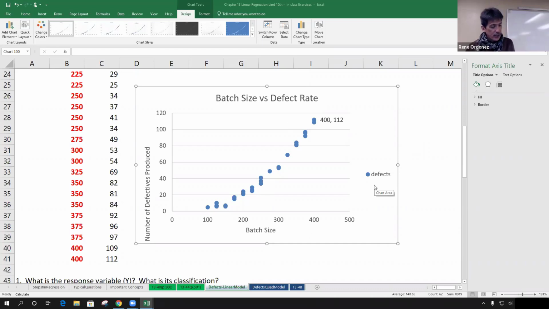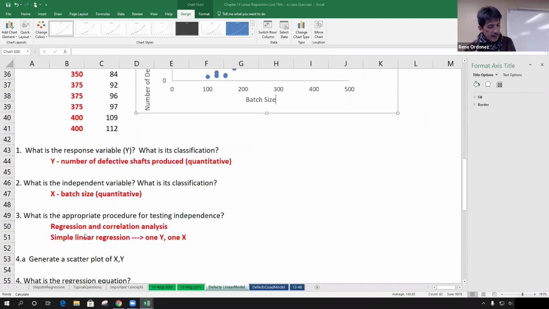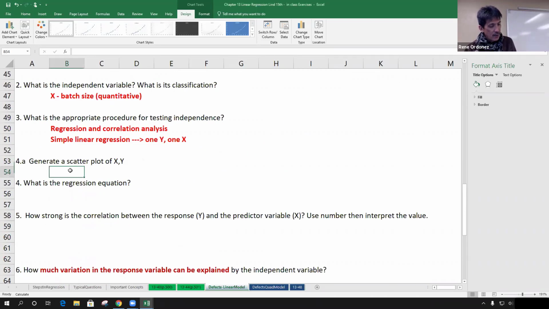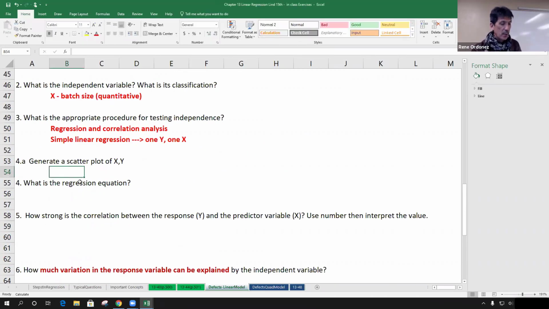Now, going through the steps we did before, let's just say we've generated the scatter plot of X and Y. Now let's say that it looks like the relationship between number of defectives in the shaft and batch size maybe follows a linear model expressed by this, all right?